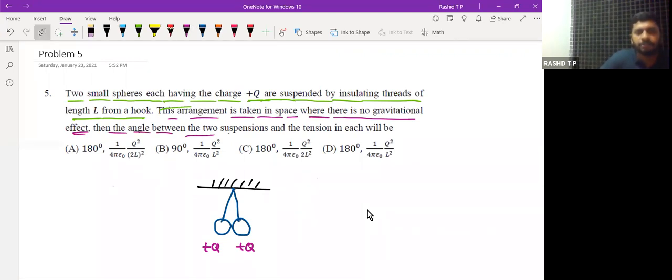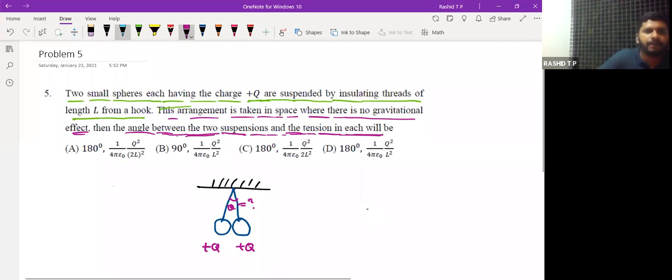Then the angle between the two suspensions and the tension in each will be, once again, the angle between the two suspensions means this is the angle. What is this angle? That is the first question. The angle between the two suspensions and the tension in each. What is the tension? In this picture, tension is this one.